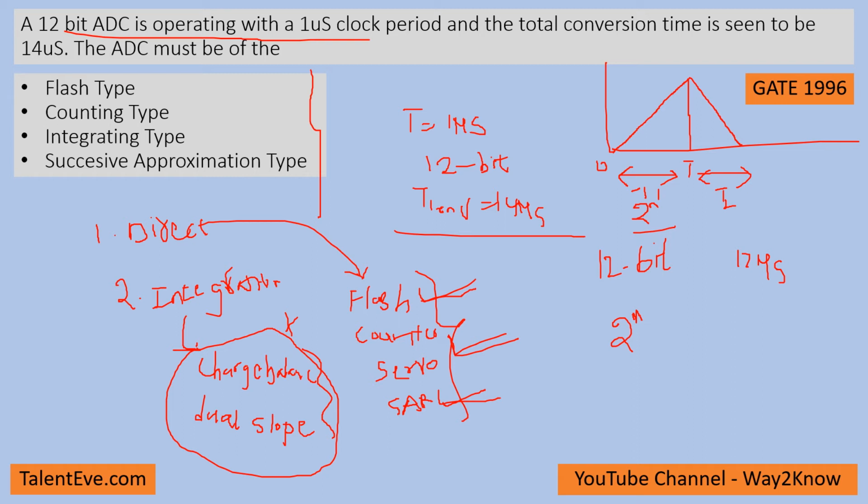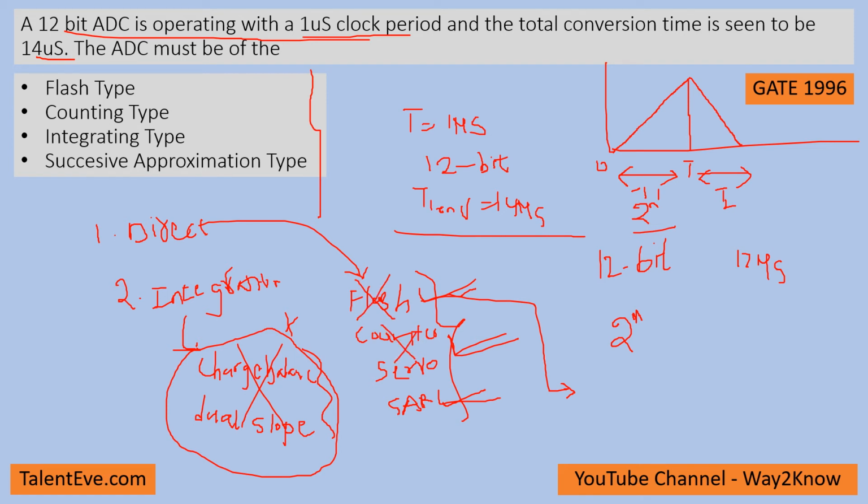For the flash type, this happens very quickly, within 1 clock cycle we can say, because only the comparator conversion happens and then the encoding happens. Here it is saying 14 microseconds. Definitely, as we are saying, flash happens within a few micro to nanoseconds, so the flash conversion would be much less than this. So that means it is not integration, it is not flash, it is not counter.